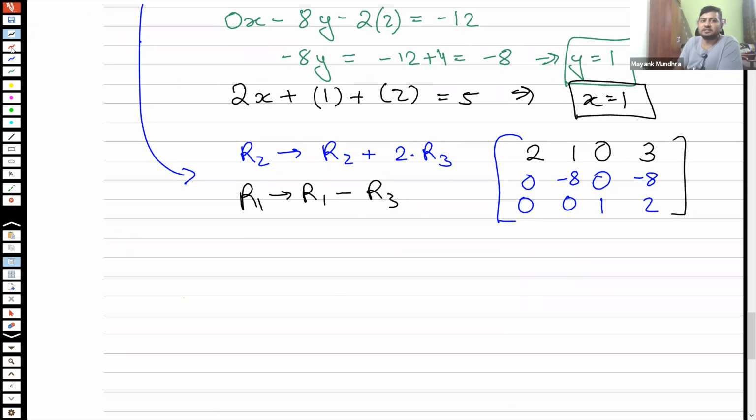Now as a final step, I took this one as pivot. Now I'm going to move in the backward direction. So take this as pivot and make this thing 0. What should be the operation on R1 in terms of R2 in order to make this 1 into 0?